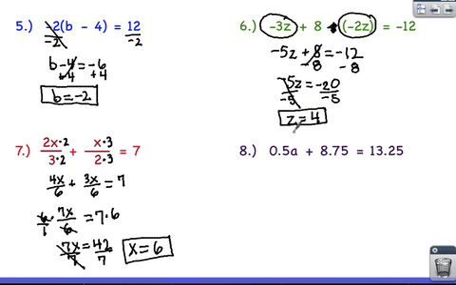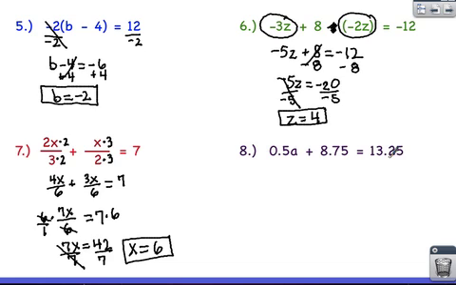Now number 8 involves a lot of decimals. We could just deal with the decimals, or we can try multiplying every single term by a certain factor in order to get rid of those decimals.